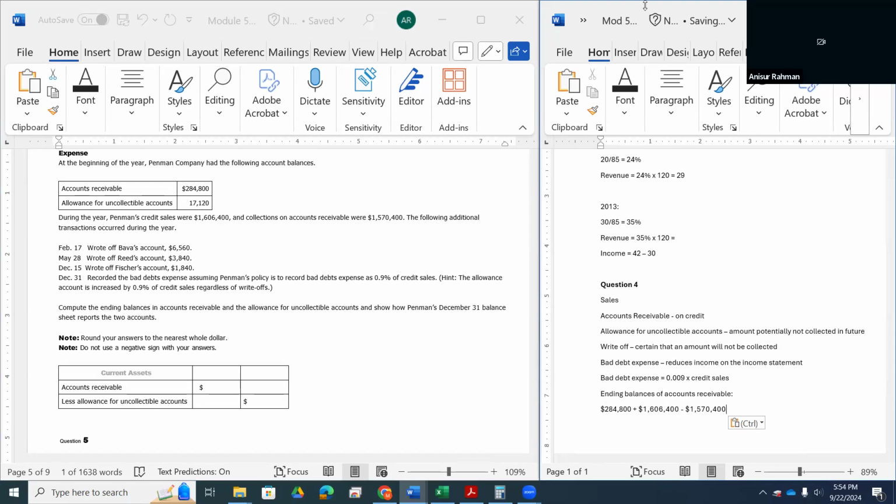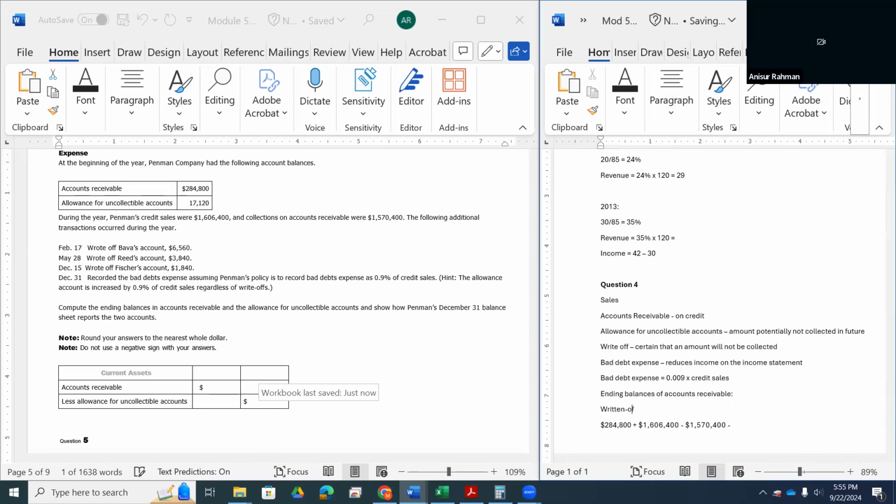Now, this company also writes off some amounts, so we need to find out how much is written off in total.